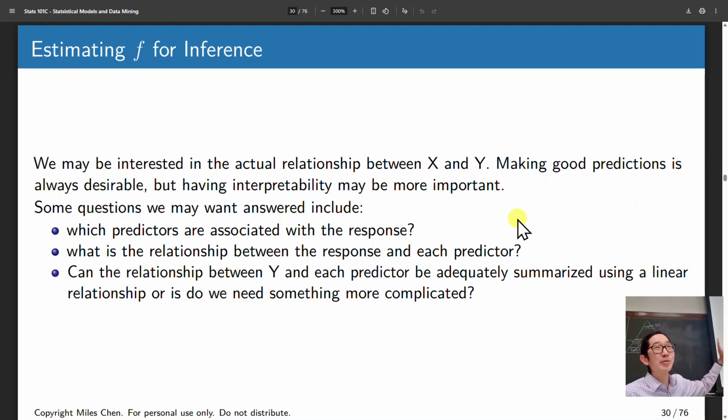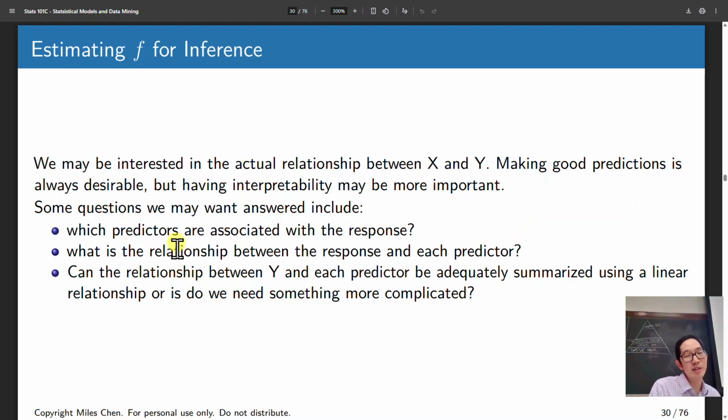Beta 0, beta 1, beta 2, etc. Beta 1 gets multiplied by input variable x1, and you have an interpretation for that coefficient. You say, well, if x1 goes up by 1, our prediction for y goes up by beta 1. That's the interpretability.